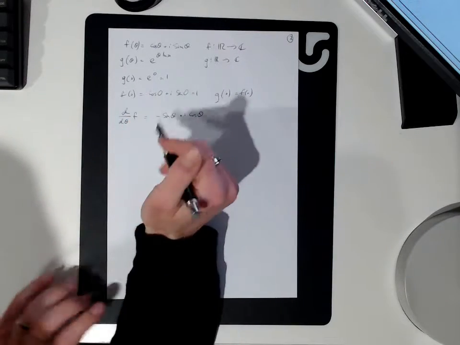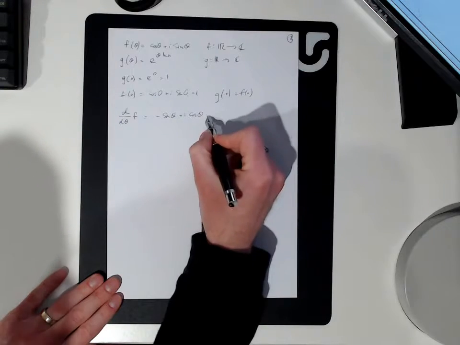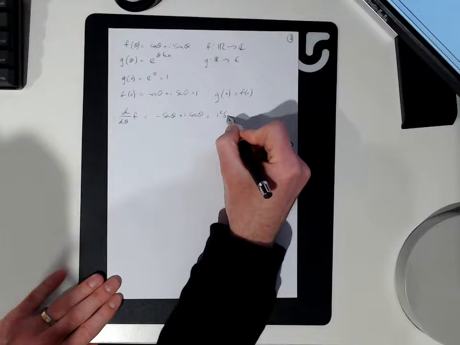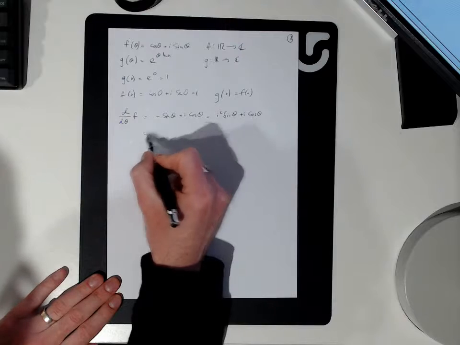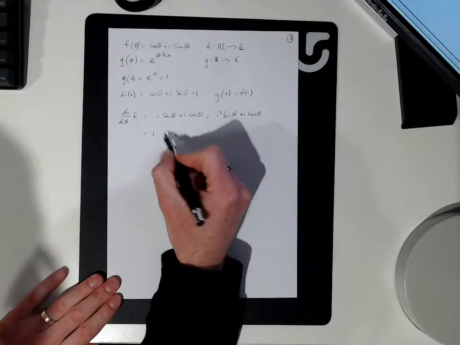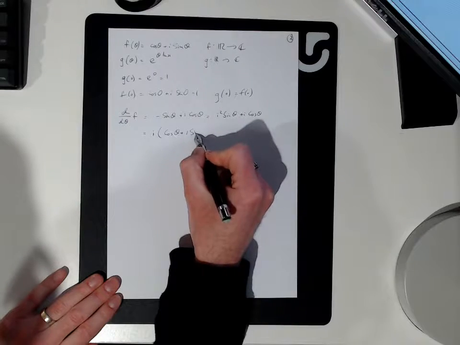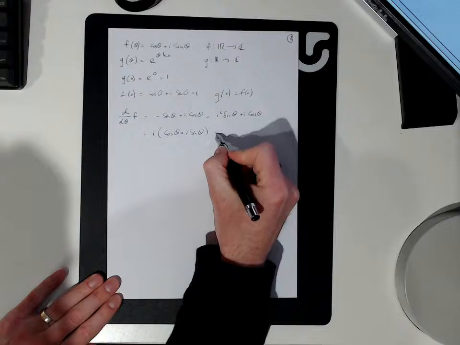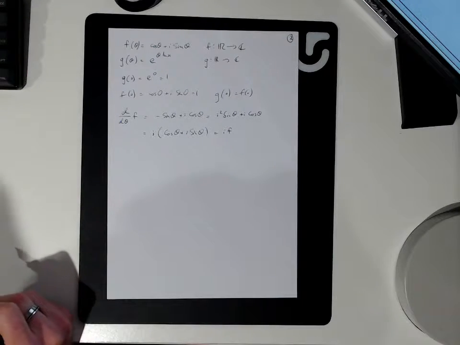Derivative of a constant is 0, and the product rule means you get this. Right, and that's minus 1, so that's i squared sin theta plus i cos theta, and if we take the i out, we get i times cos theta plus i sin theta, where I've flipped the terms around, and this is equal to i times the function f, which is interesting.